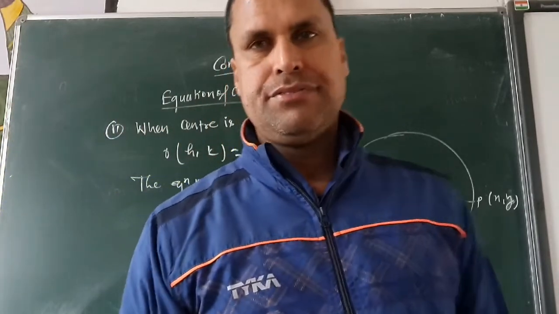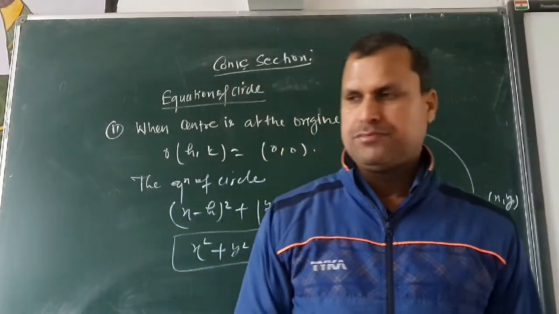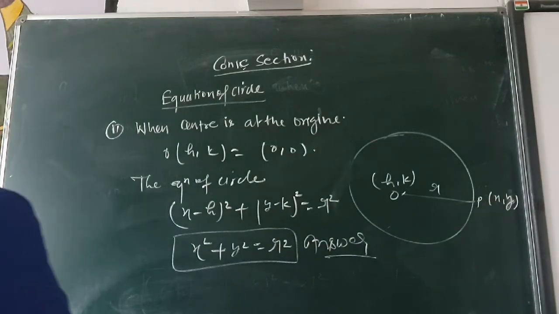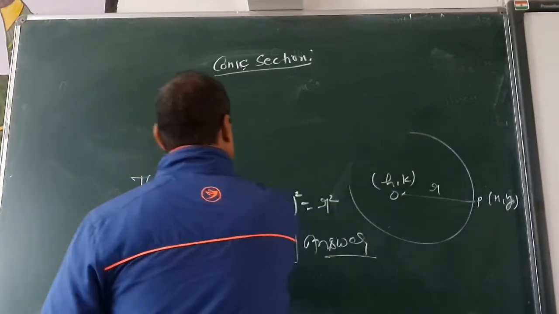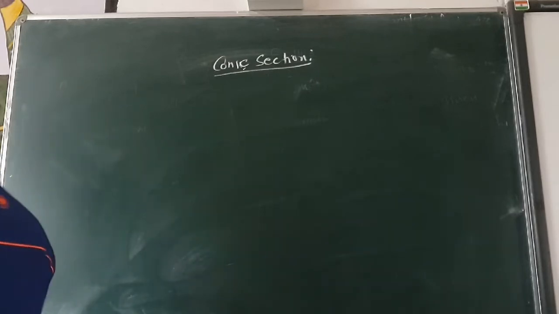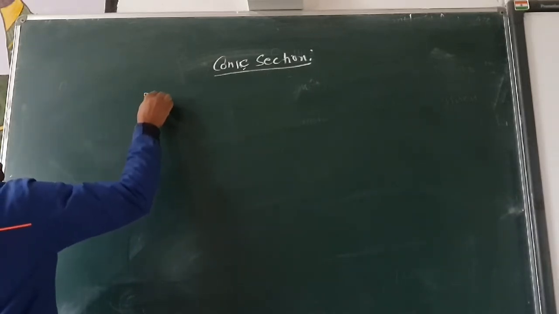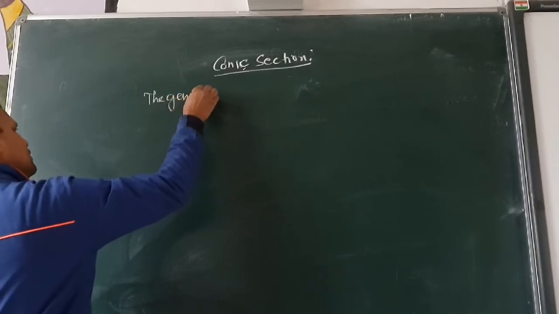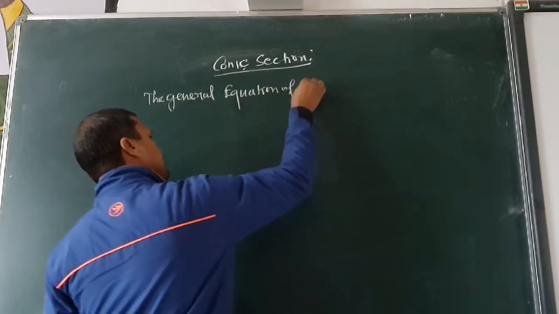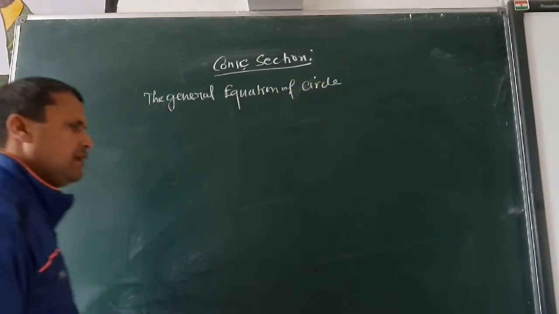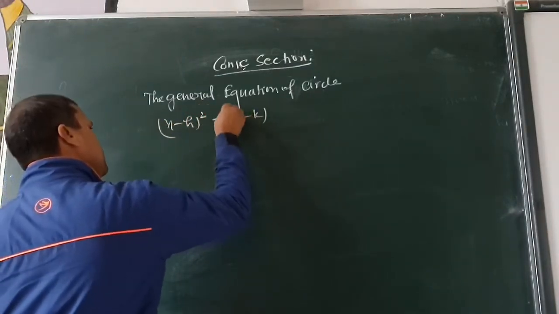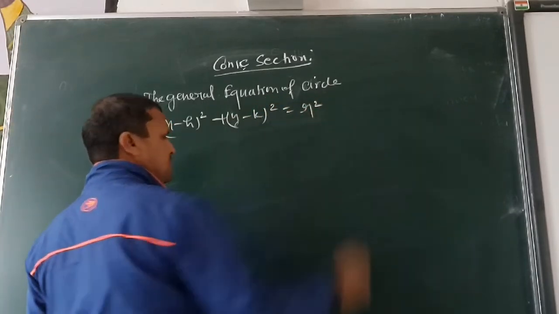Now, the general equation of the circle. As you know, the equation of circle is (x minus h) whole square plus (y minus k) whole square equal to R square.